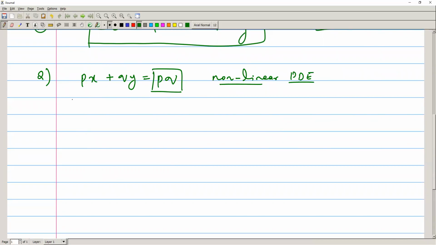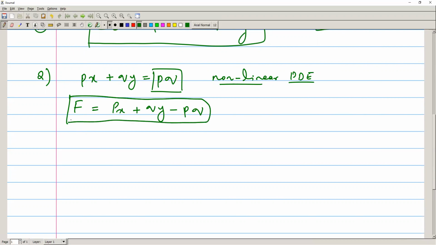So first thing is to write this equation in terms of a function that is px plus qy minus pq. So I just place this pq on the left hand side and write it in the form of a function because it's a function of p, q, x, y, and z.